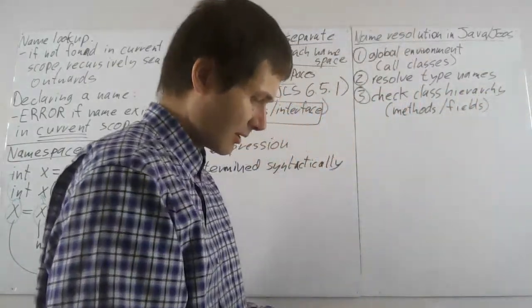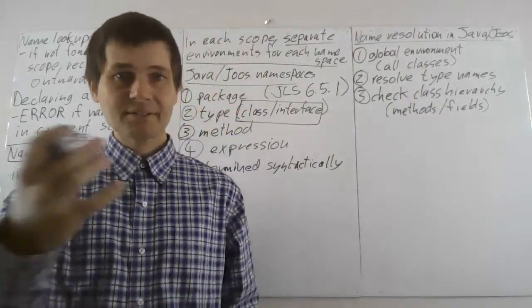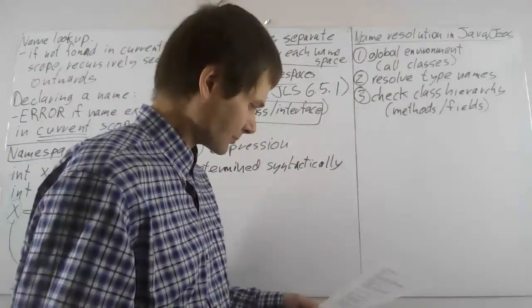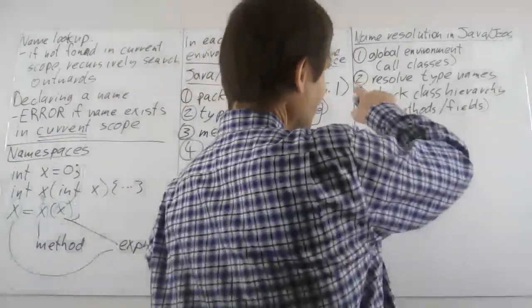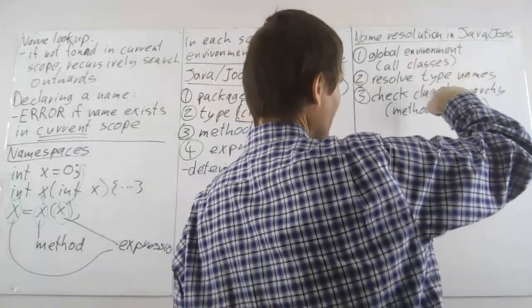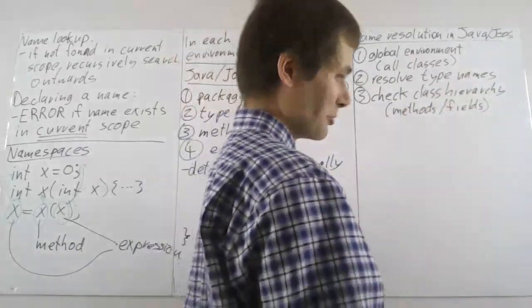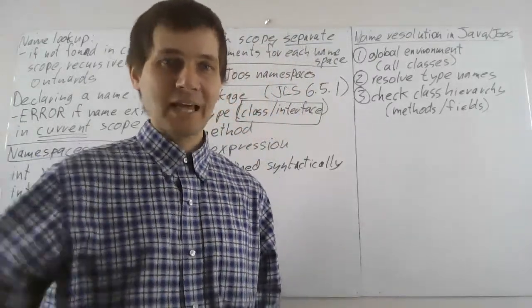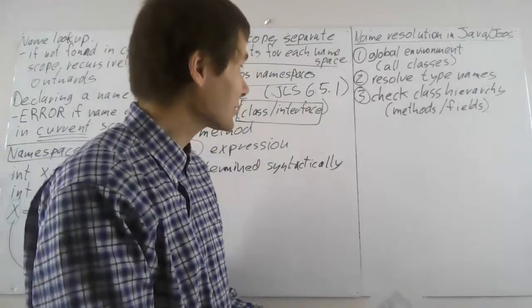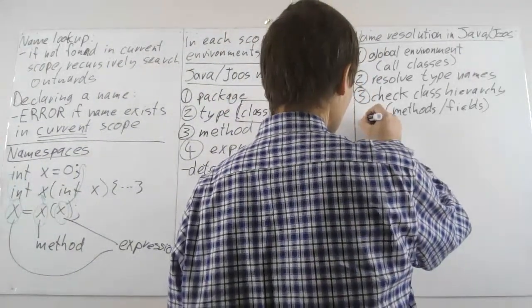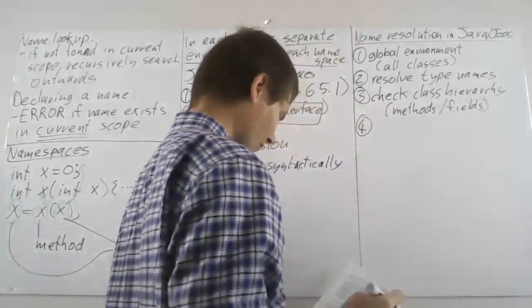It's all about figuring out which methods and fields are available in each class. Once we know where the methods and fields are, and we've made sure that there are no cycles in the extends and implements relationships of classes and interfaces, then we can go to step 4.